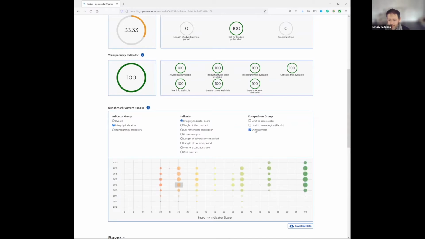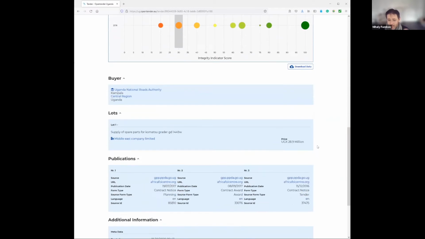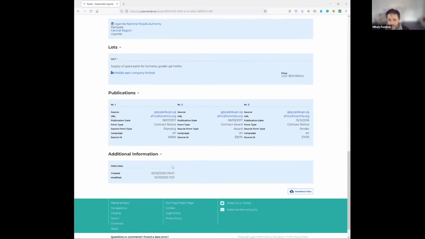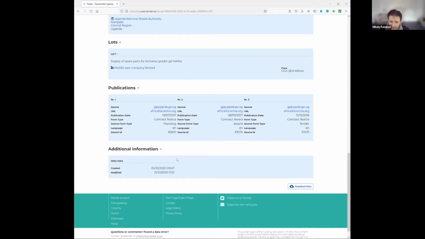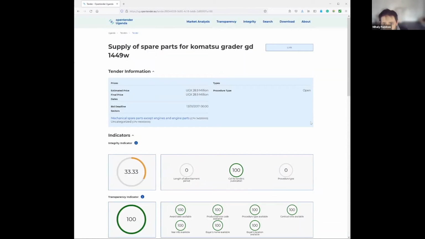You can look across sectors and years, or just look at an overall integrity comparison. And there is a great deal of detail about sources, about spending values, deadlines, and so on and so forth. And the data is downloadable for individual records as well as for the full data set we have.